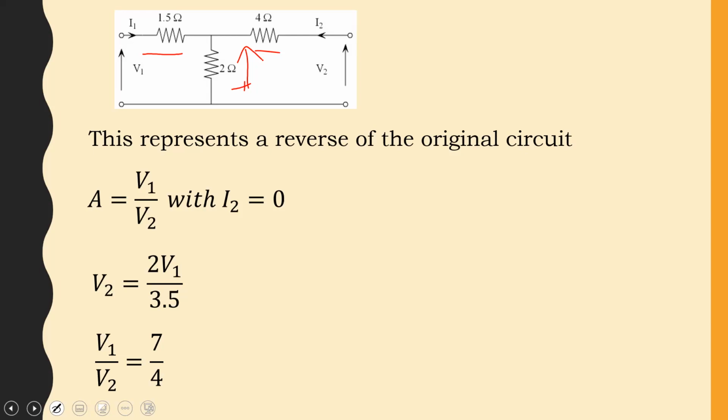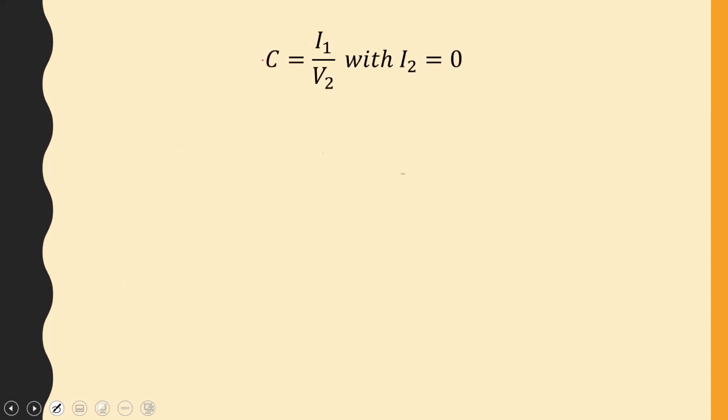All right. For C, please note the usual practice. If we're looking at the impedance or admittance, we normally do Y11, then Y21, Z11, then Z21.